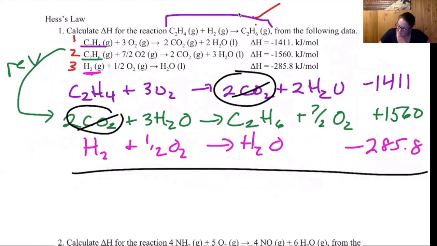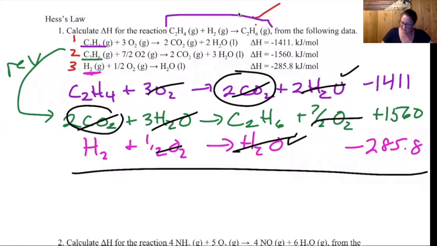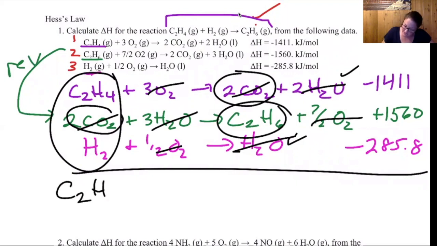I have 3 waters on the right, 3 waters on the left. We can cancel that. The H2s, or I'm sorry, the O2s, we have to do some fraction math. 3 plus a half is 3.5. 7 halves is also 3.5. So those are all gone. Now I'm left with these and that. So indeed, this is my goal reaction.